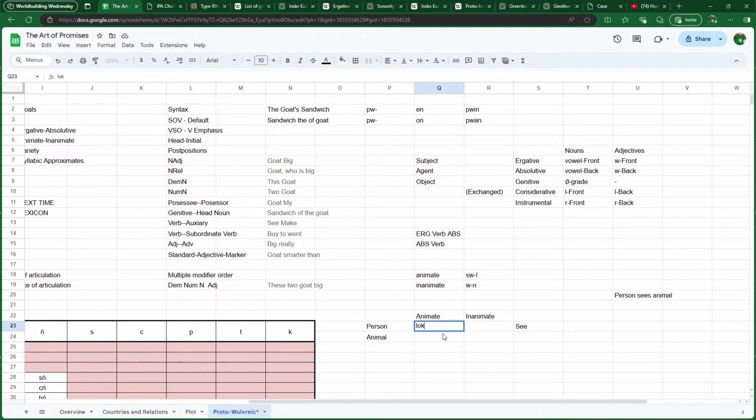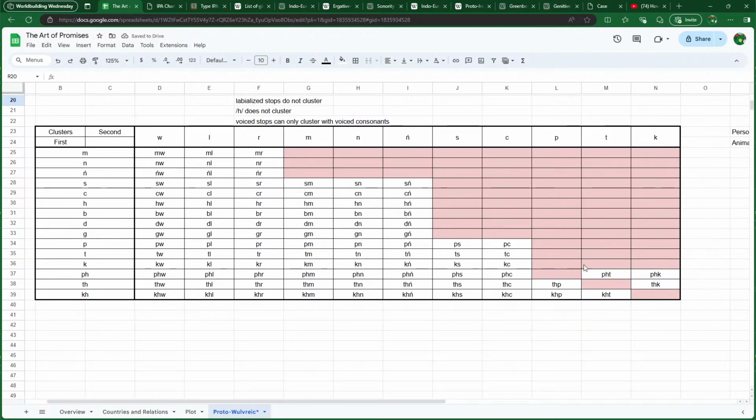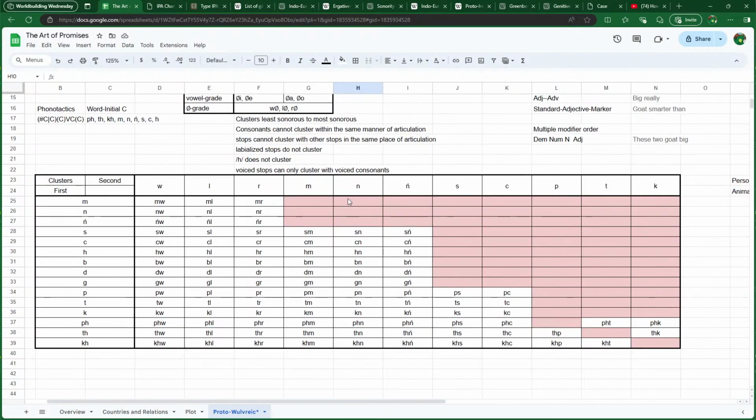So, look swole. And then this would be lock one. Oh, but then it turns into the single consonant.